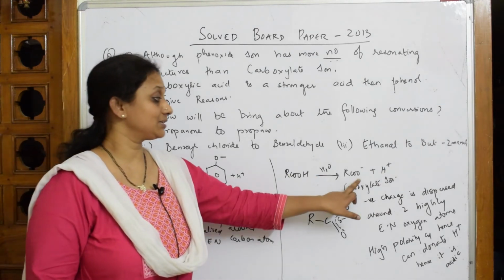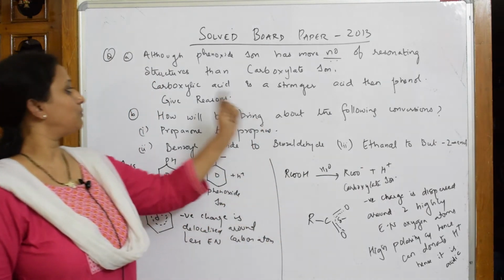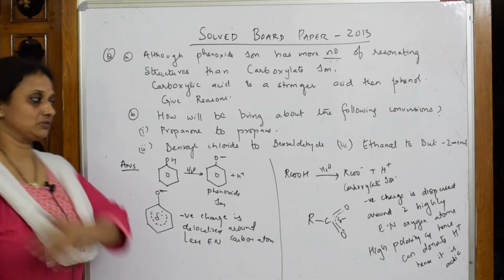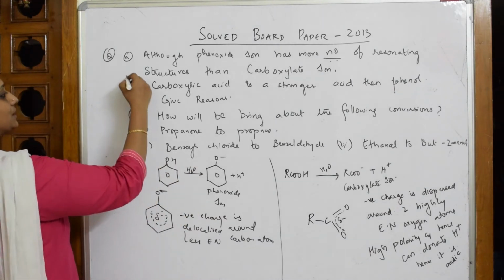So compared to that concept also, carboxylic acids are stronger acids than phenols. That is done. I have justified. Clearly I have given the answer. So your first part is done.